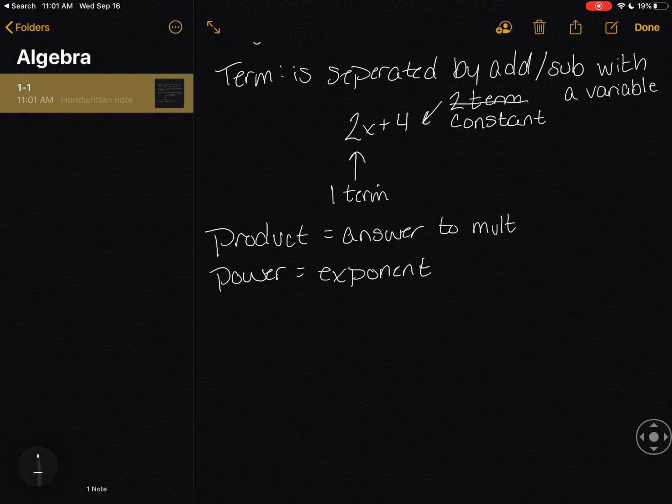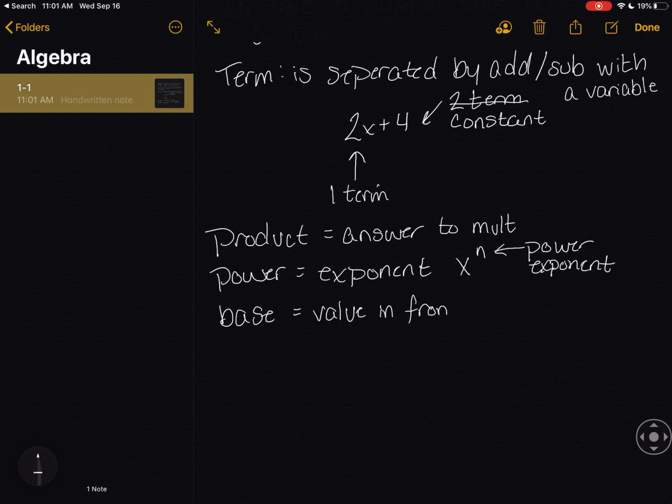So for example, x to the nth power, that n is considered a power or an exponent. And then the base is the value or variable in front of a power. So that x there would be then the base.